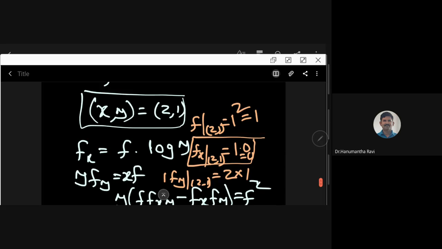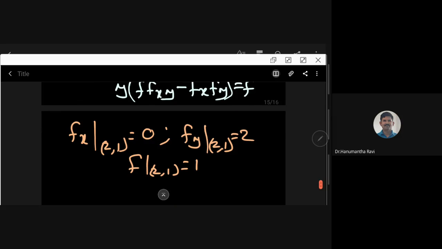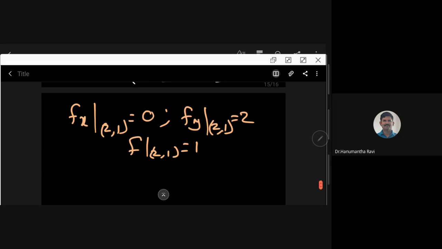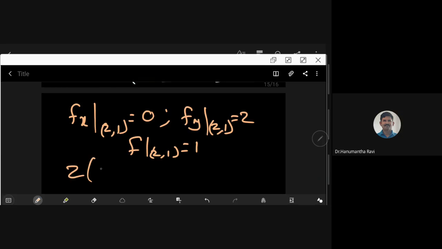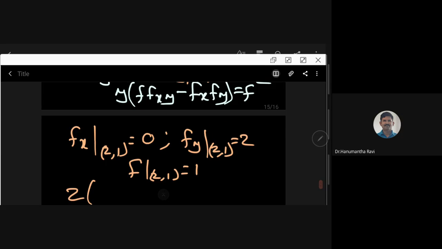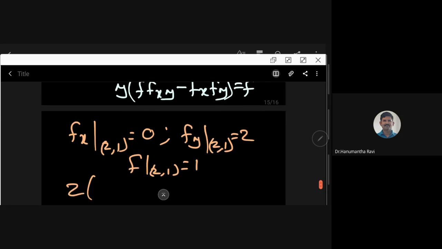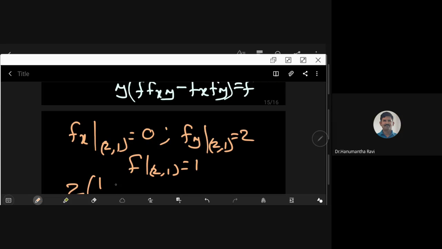Good. Now, the third expression. From the third expression, wherever y is there, put 1, and wherever x is there, put 2. So 2 into f, which is 1, into f_xy. We don't know that. This we need to determine.